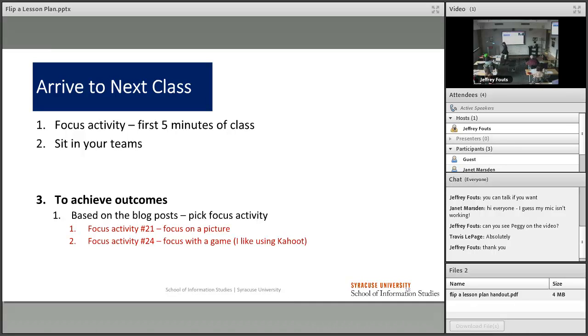Question. For each flipped lesson plan, can we include all of these levels, or we don't have to? When you do for inside the classroom or the pre? All of the class, the whole lesson plan. The lesson plan typically encompasses 1 class, 1 week. If I teach twice a week, my lesson plan could technically start over the weekend for the pre. They come in on Tuesday, they do the focus activity. We do the active learning.